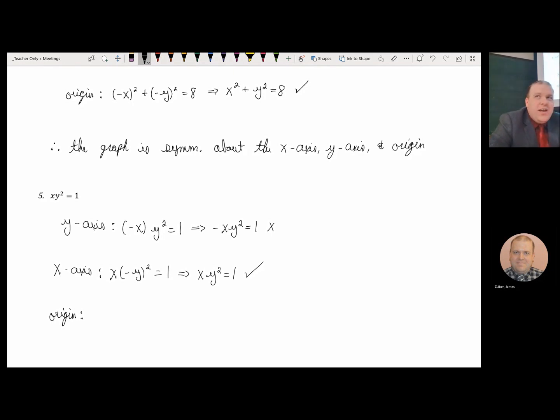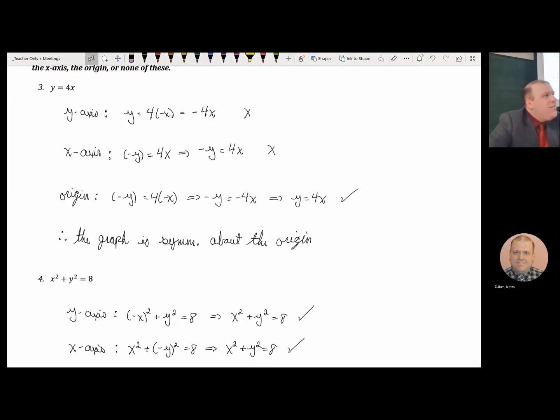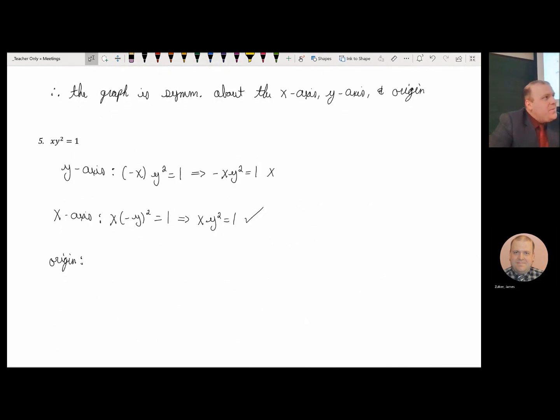The clever of us should not have to check this. If it's not both, then it's automatically no way to be symmetrical about the origin. Not entirely true. That one wasn't symmetric about both the x and y, but it was still symmetric about the origin.